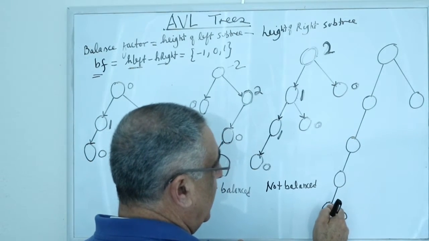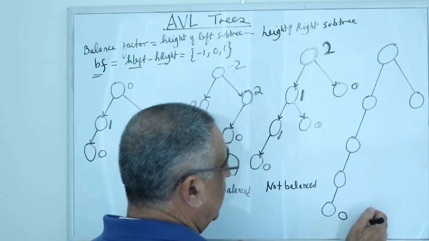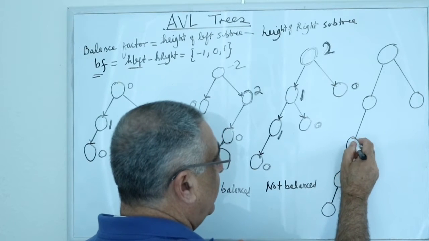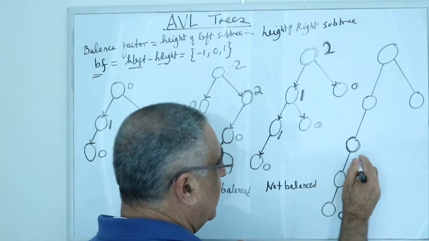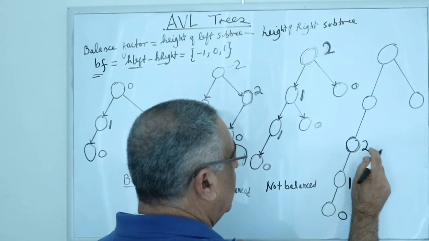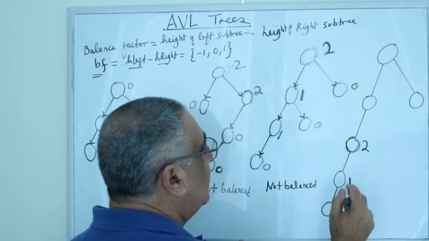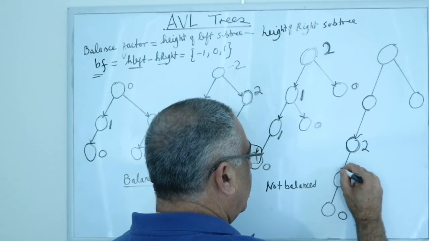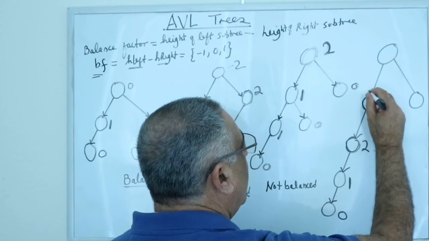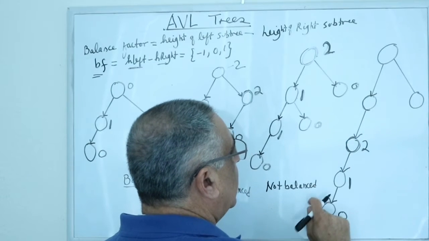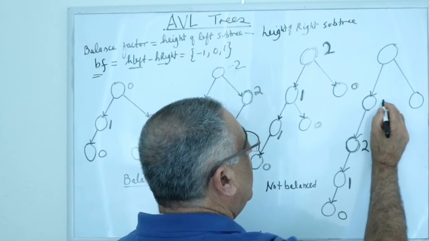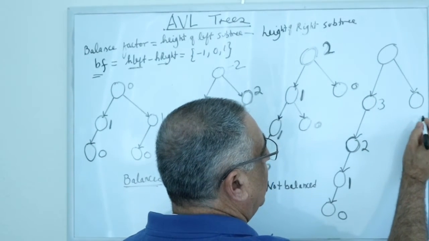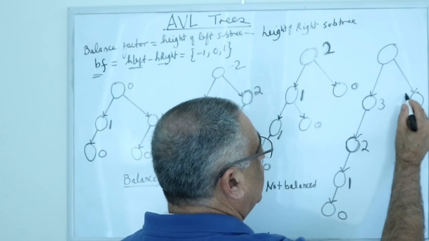The left subtree is depth 1, the right subtree is 0, so that's a 1. The left subtree of this node here is 2, the right is 1, the right is 0. The left subtree of this node, if I put my pointers here, is 1, 2, 3, and the right is 0, so that's a 3.